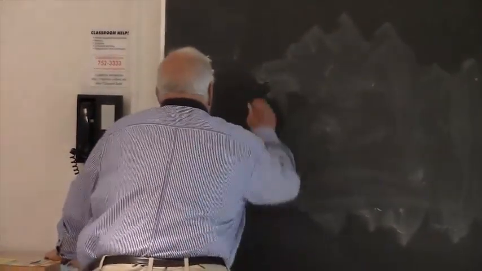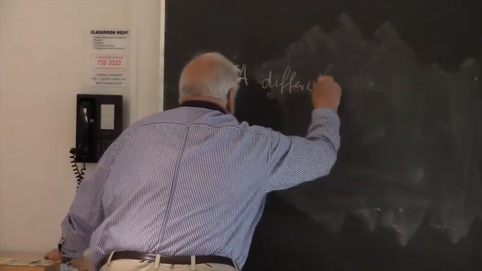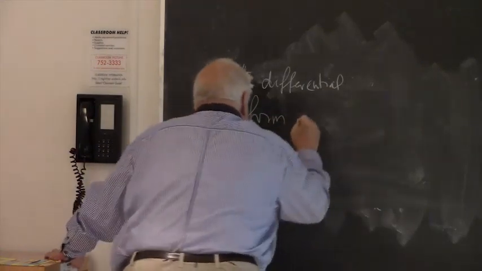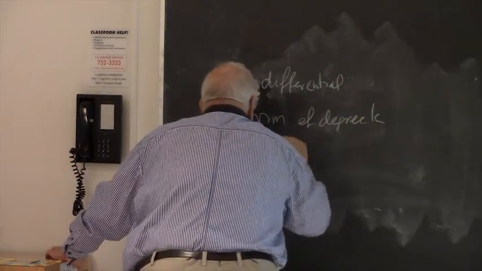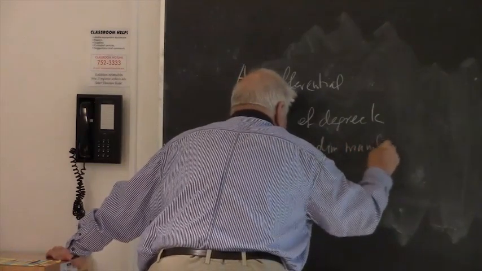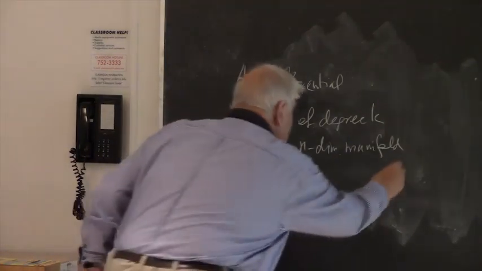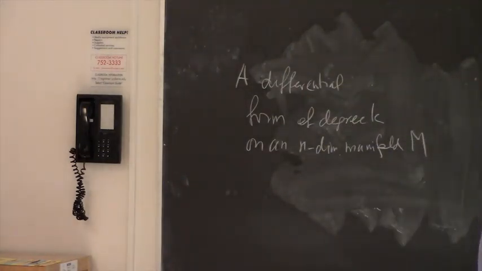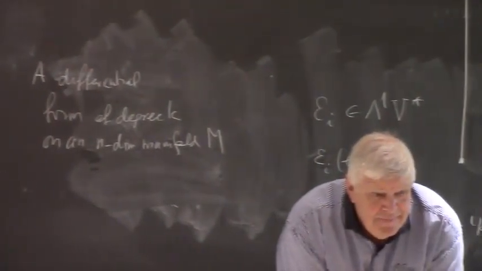So, a differential form of degree k on an n-dimensional manifold. And here, the manifold is absolutely arbitrary. It is M. It may be compact or not, orientable or not, whatever. What else? With boundary or not. Still, it has tangent spaces at every point.